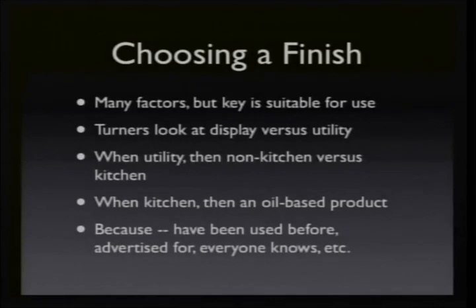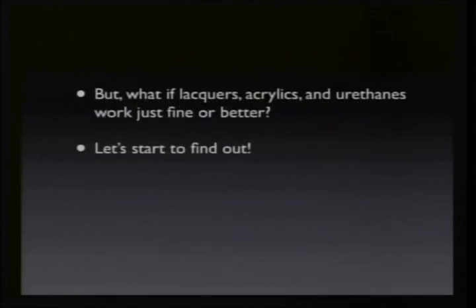Probably an oil-based product. That's kind of what we end up using for the kitchen. What about lacquers and urethanes? So let's see if we can find out what really happens to a finish.